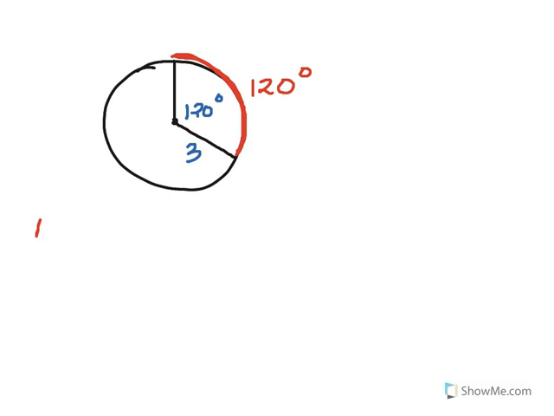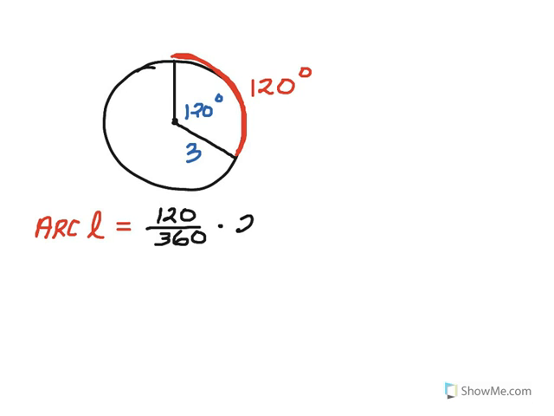So arc length is equal to the ratio of 120 to 360, which represents the part of the circle that that arc is. We can see it's a third of the circle. And I multiply that by the circumference of the circle.